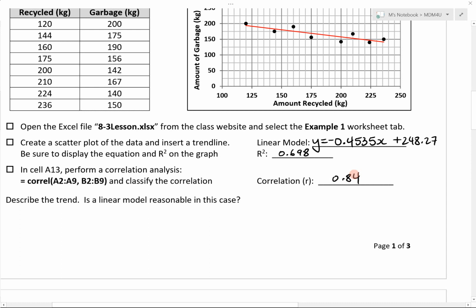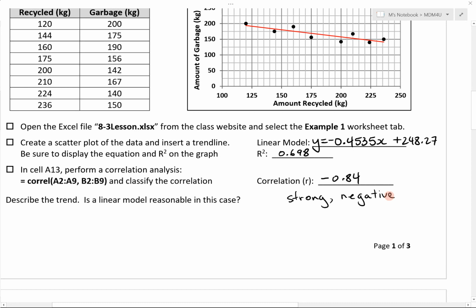Because the line of best fit is downward, it's a negative correlation, so it's going to be negative 0.84. So it's fairly strong and negative. Strong because it's close to the absolute value of 1, and it's negative.